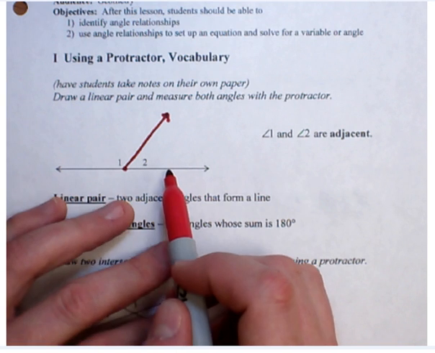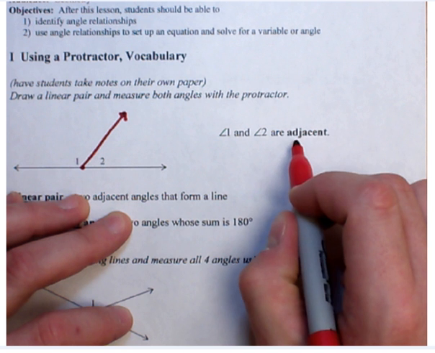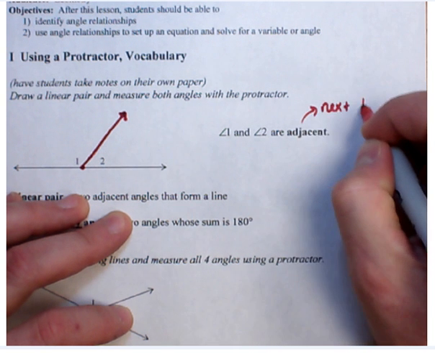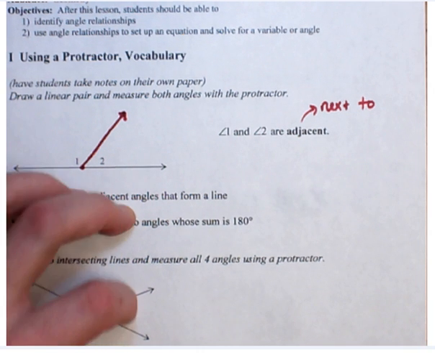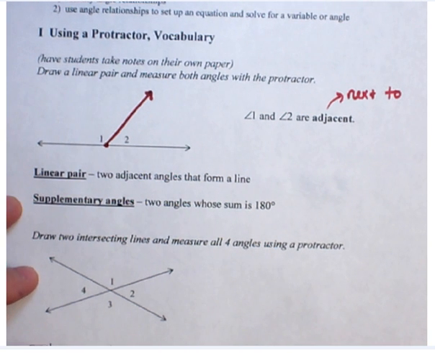So first of all, we would say that angle 1 and angle 2 are adjacent. And what that word basically means is next to. If you're sitting next to somebody, you could say you are adjacent to them. Okay, so angle 1 and angle 2 are adjacent angles.